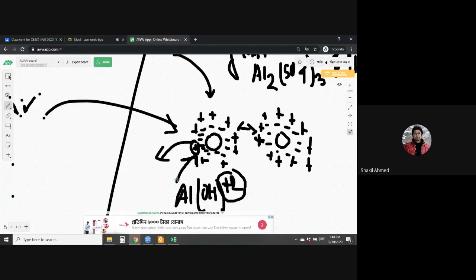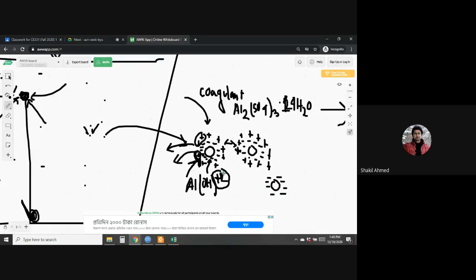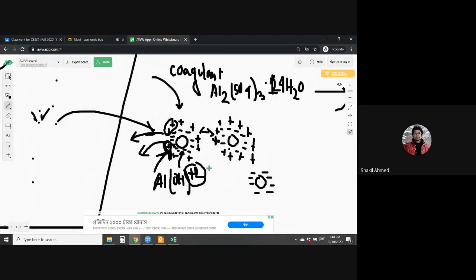So they displace the positive charge and neutralize this negative charge. Once they neutralize this, there is no charge on the particles, and therefore there is no repulsion.